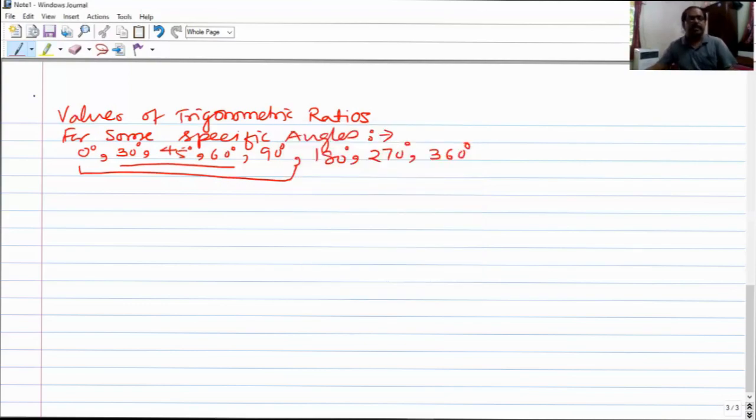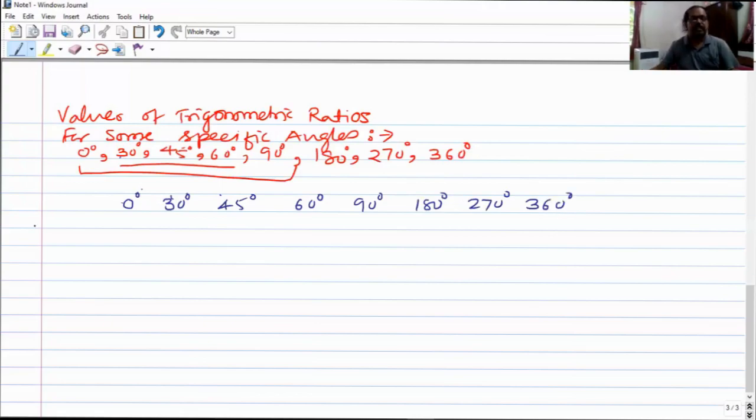First I write the values of standard angles. They are 0, 30 degree, 45 degree, then 60 degree. After that I can write 90 degree, then 180, then 270, and then 360 degree.